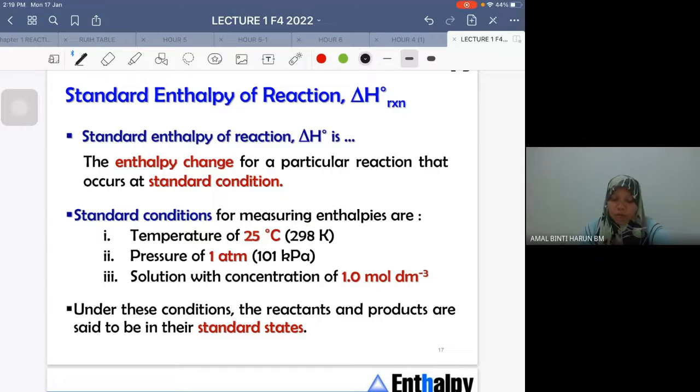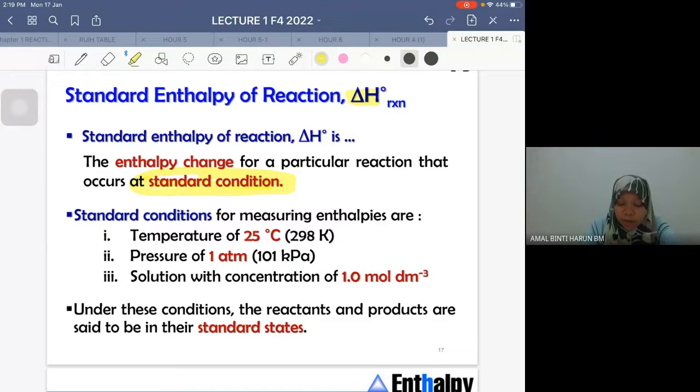Right. Now we look at the enthalpy change. So enthalpy change for particular reaction occur in standard condition. So kita nak faham enthalpy change at standard condition. So tadi saya kata delta H ni kita panggil dia sebagai enthalpy change. Enthalpy product minus reactant.